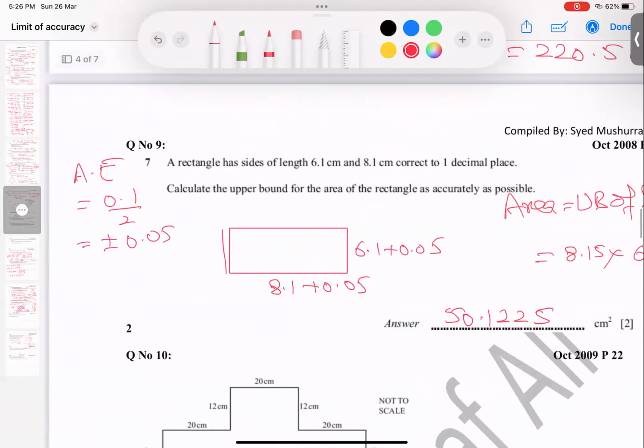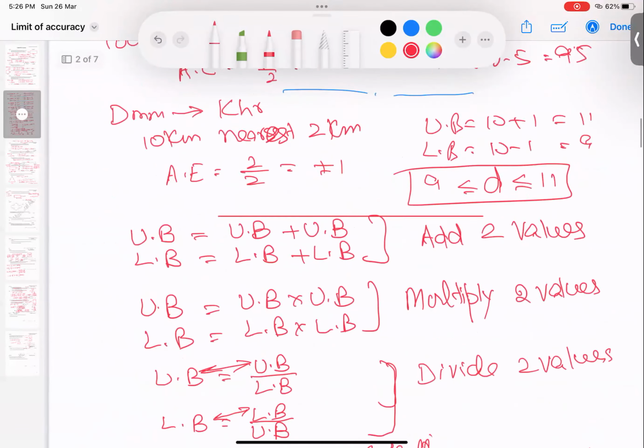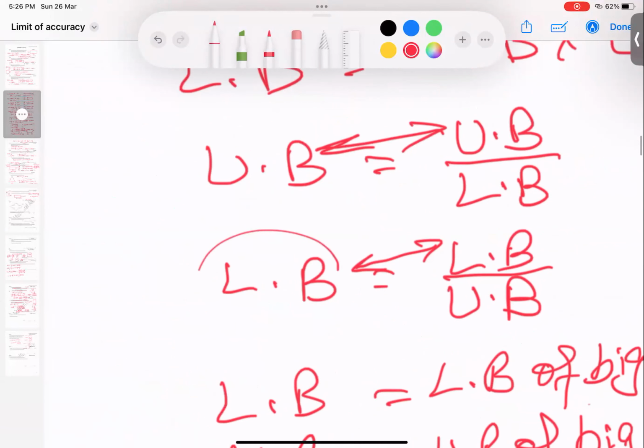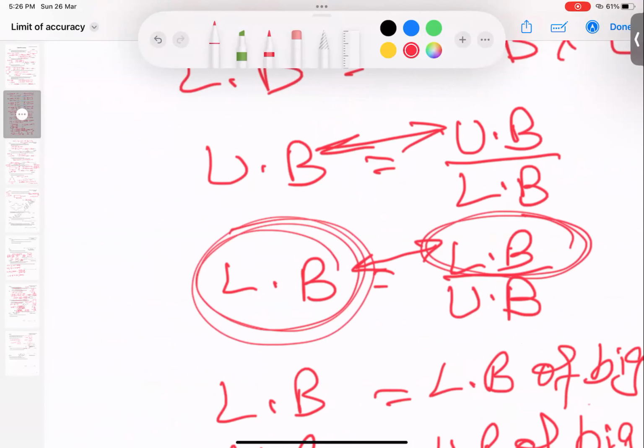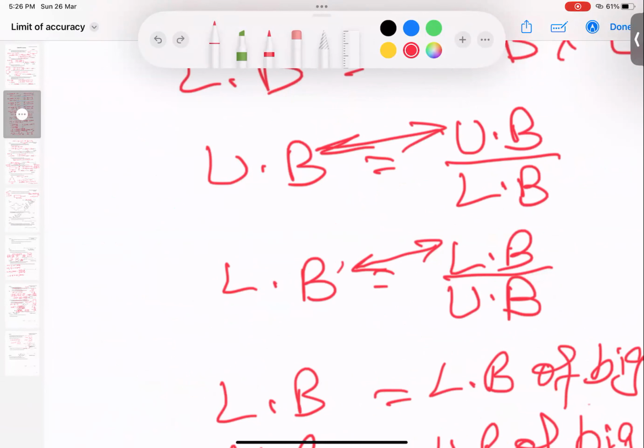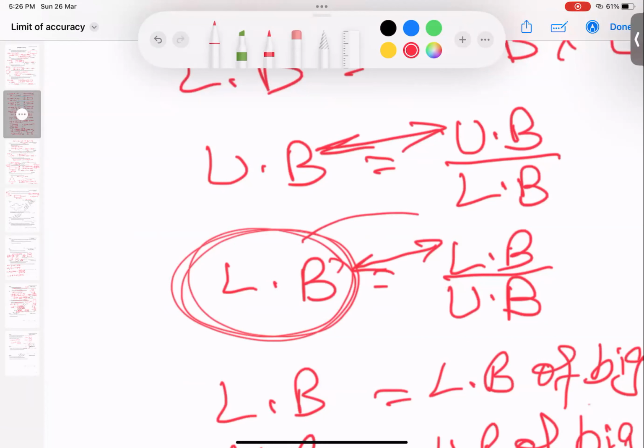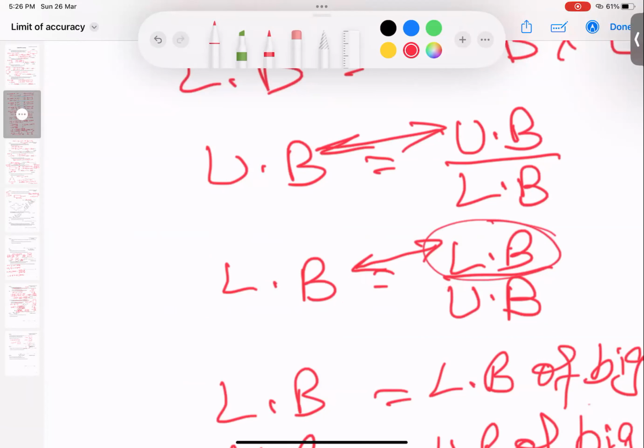If I'm looking for the lower bound, then the jug is the lower bound and the glass will be the upper bound. Because I'm looking for the lower bound of the number of glasses, jug should be lower bound and glass should be upper bound. I hope you understood.